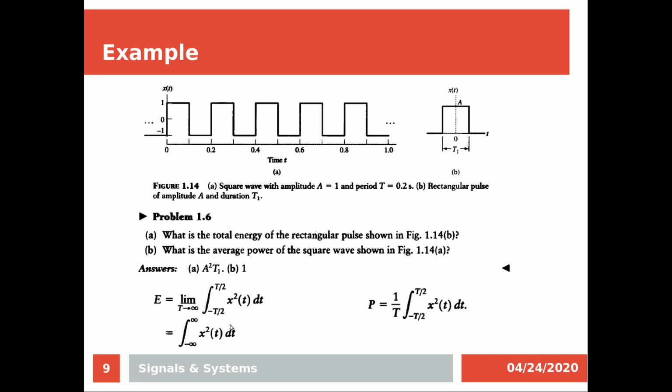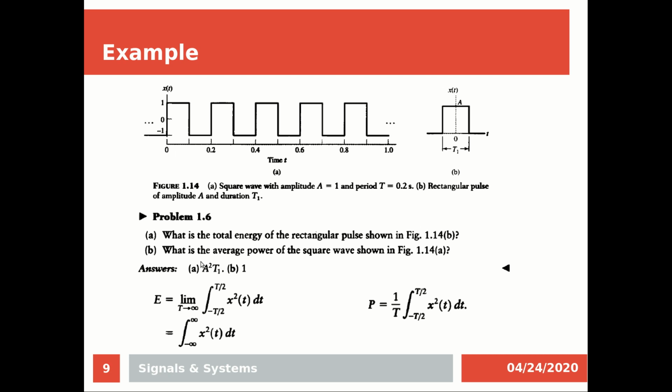So it will be T1 over 2 minus minus T1 over 2, which is positive, half of something plus half of something, so it will be T1 multiplied by A squared. Outside these limits, out to infinity, it will be the same. So the output is A squared multiplied by T1.